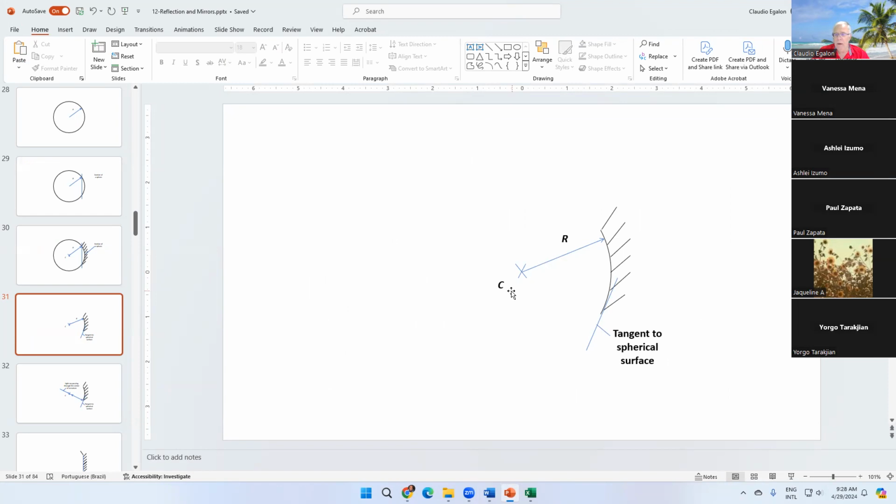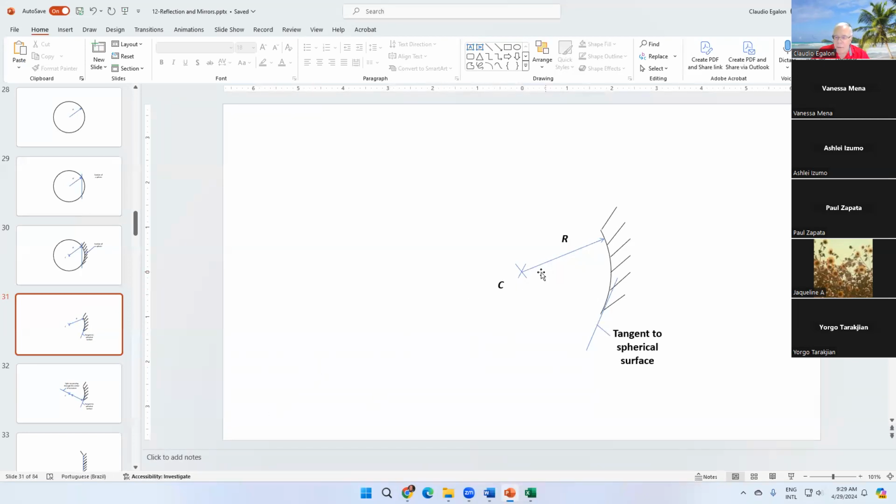So here you go. Notice that this arrow is going to be perpendicular to the line that's tangent to the surface of the mirror, because it passes through the center of the mirror.